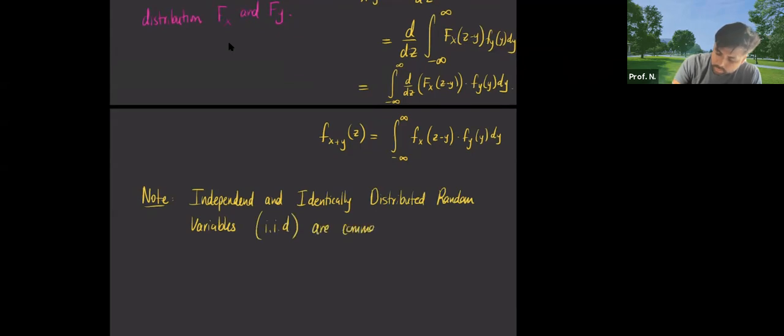These are commonplace when dealing with joint distributions of random variables.